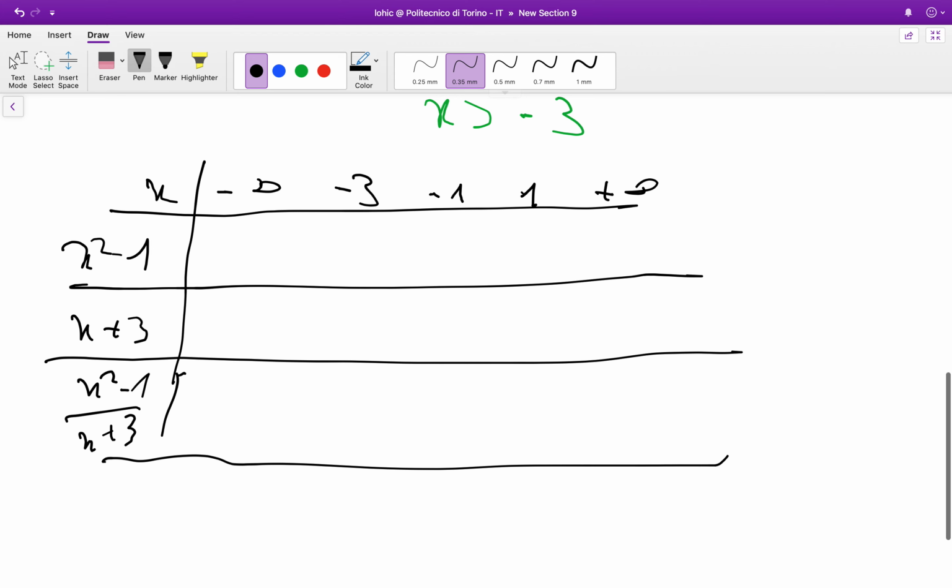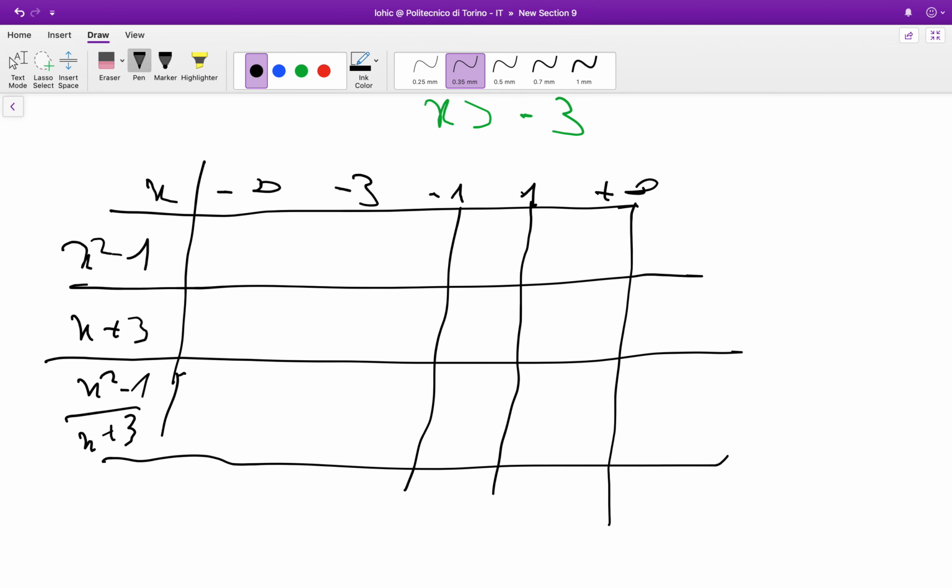Okay, we split the table accordingly. This x squared minus 1 vanishes at -1 and 1, whereas x plus 3 vanishes at -3.